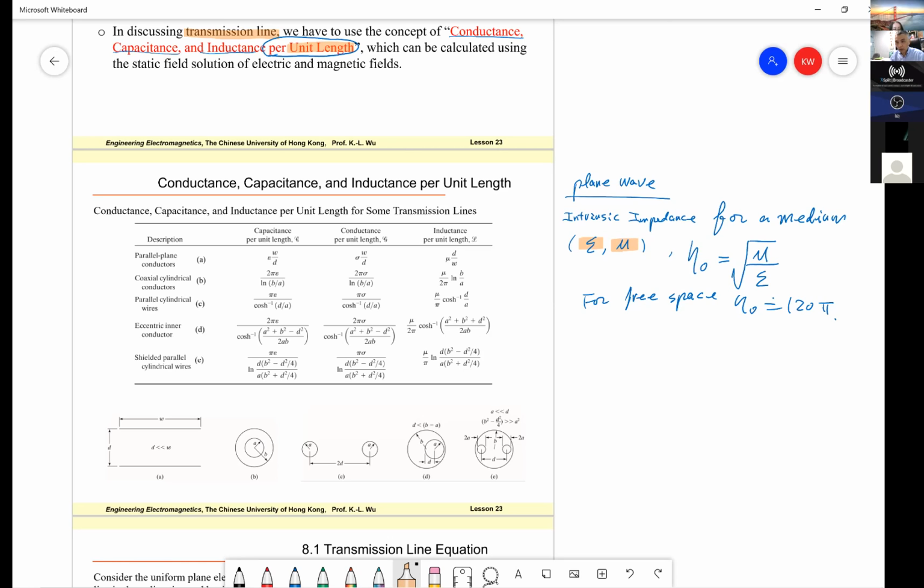Okay. Same as transmission line. For transmission line, we also have intrinsic impedance.